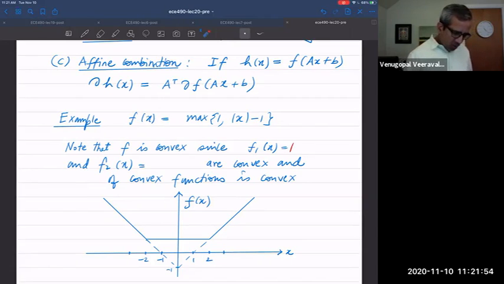Okay, so let's look at this function. This actually is a function that I got from the practice exam that I posted on the website for you guys to prepare for exam 2.